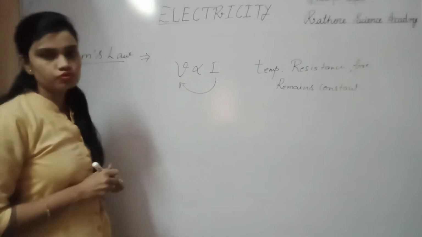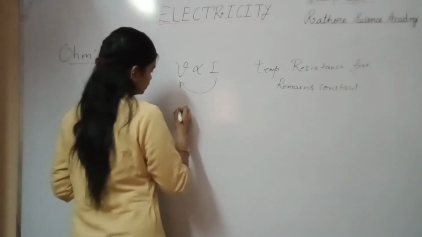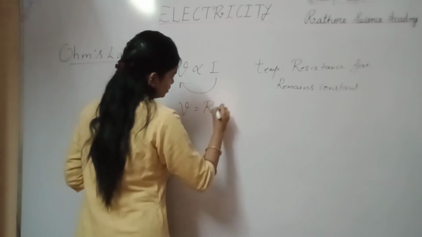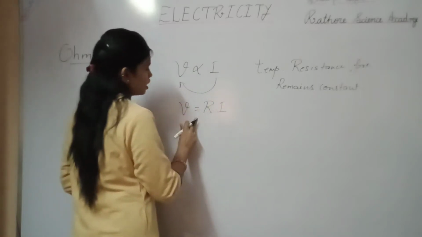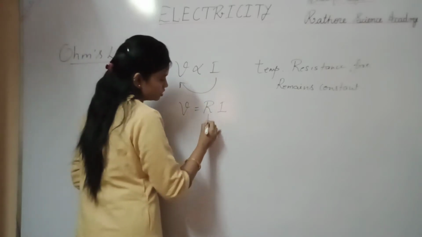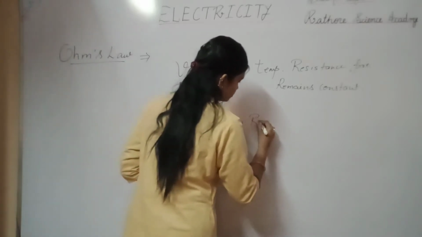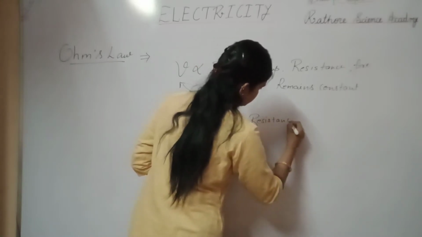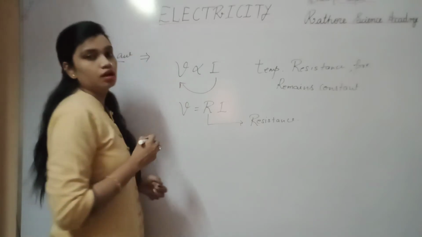When we remove this proportionality sign, what we get? V is equal to RI. When we remove the proportionality sign, we get a constant, that is resistance. It is a proportionality constant.